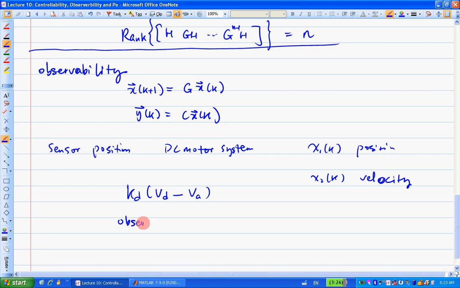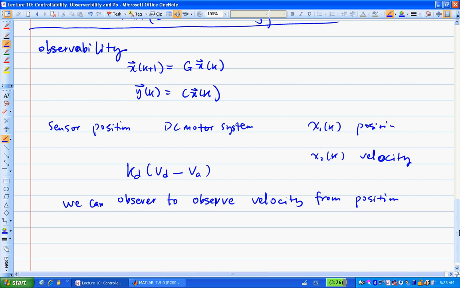Okay, so we can use an observer to approximate or observe the velocity from the position. However, before you can do this, there is an assumption, a premise you have to satisfy: basically, the system has to be observable. So that's the idea here, observability.